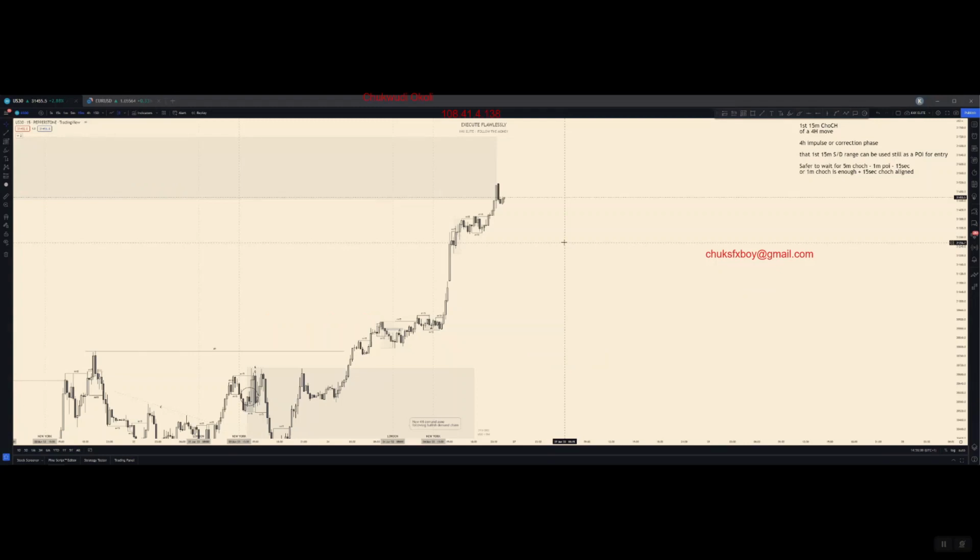On FTMO you can, but on MFF you can't open minimum trading days on Saturday and Sunday, which is annoying, bro. Wait, you can do it on FTMO? Yeah, you can, because FTMO has 10 minimum trading days, so it's worse anyways, regardless. MFF has 5, so it's a headache. It's very, very much a headache.